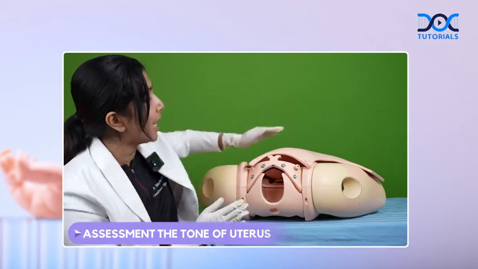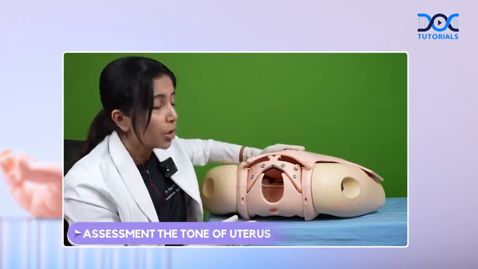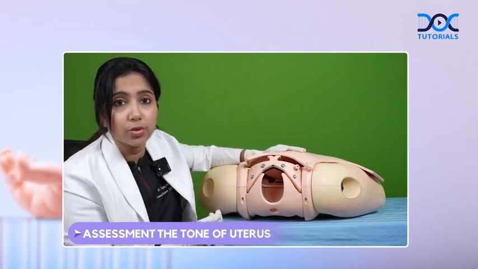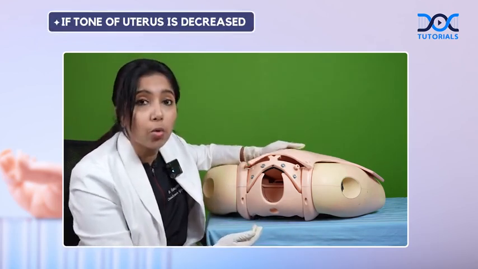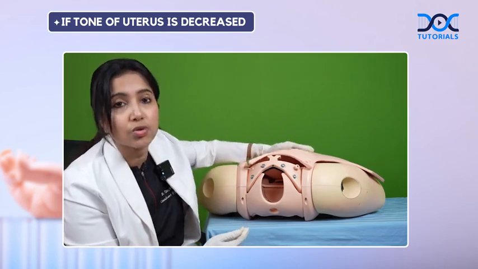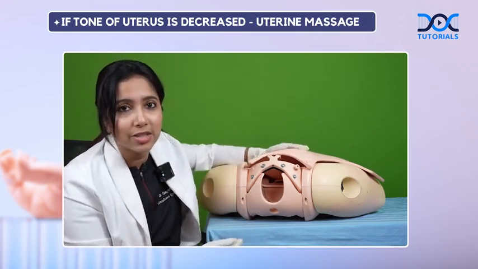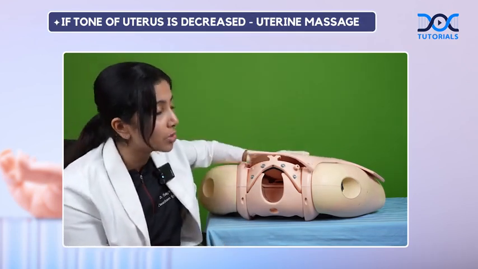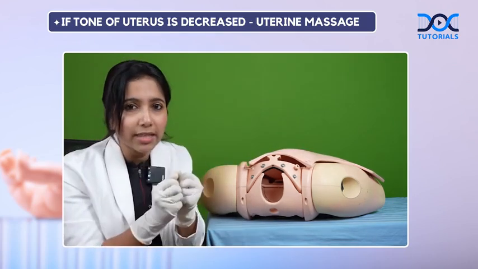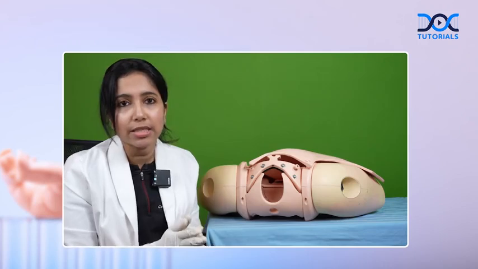Third thing is you will assess the tone of the uterus. You are going to put your hand over the uterus and see what the tone of the uterus is. If the tone of the uterus is decreased, you will start massaging the uterus. This is known as uterine massage. When the tone is decreased, you do the uterine massage so that the uterus contracts and the risk of bleeding reduces.